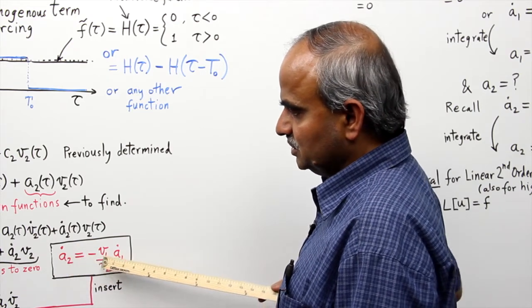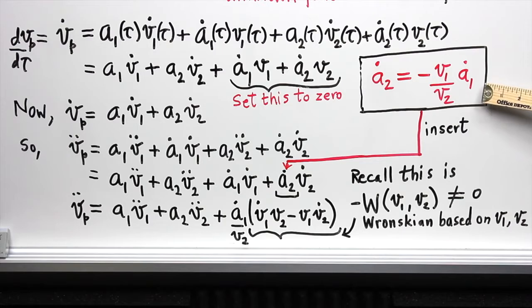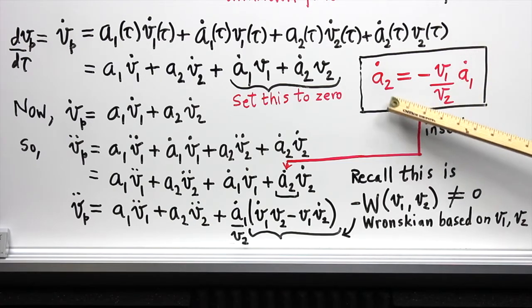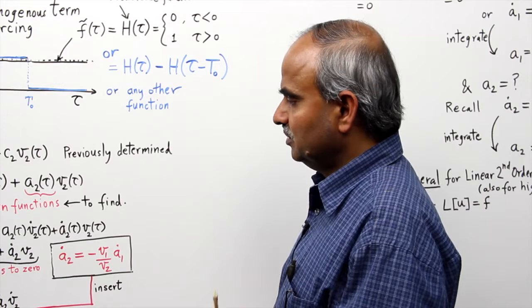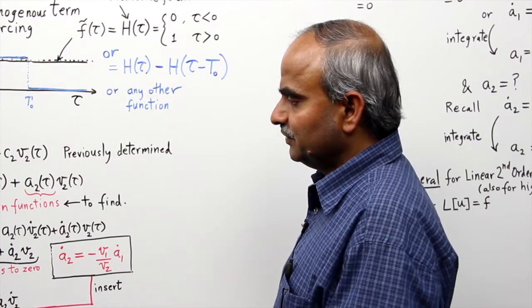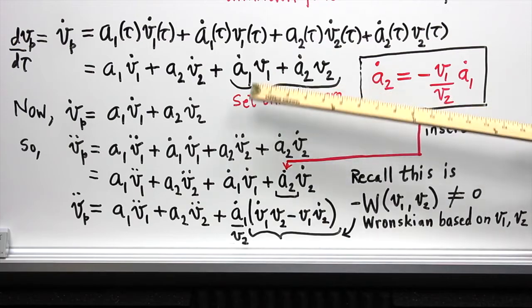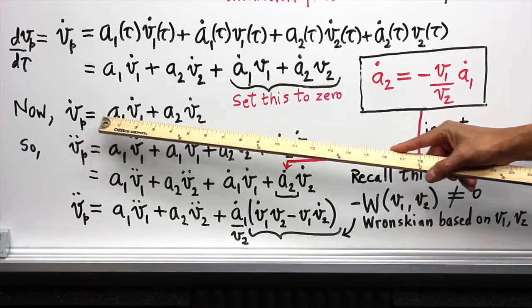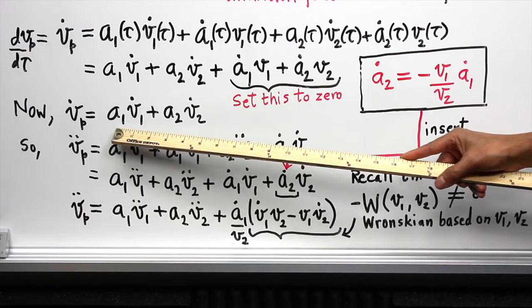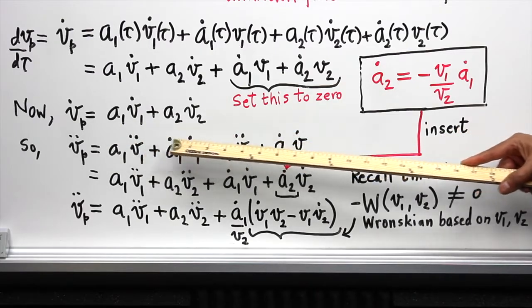And so we can rewrite this expression, putting this equal to 0, into an equation for a2. a2 dot equals, moving the other coefficients to the other side, minus v1 over v2 times a1 dot. So if we have a way of finding a1 dot, we substitute that in here and we'll be able to find a2 by solving this equation. And so once we have made this vanish, Vp dot is now just the sum of these first two terms.